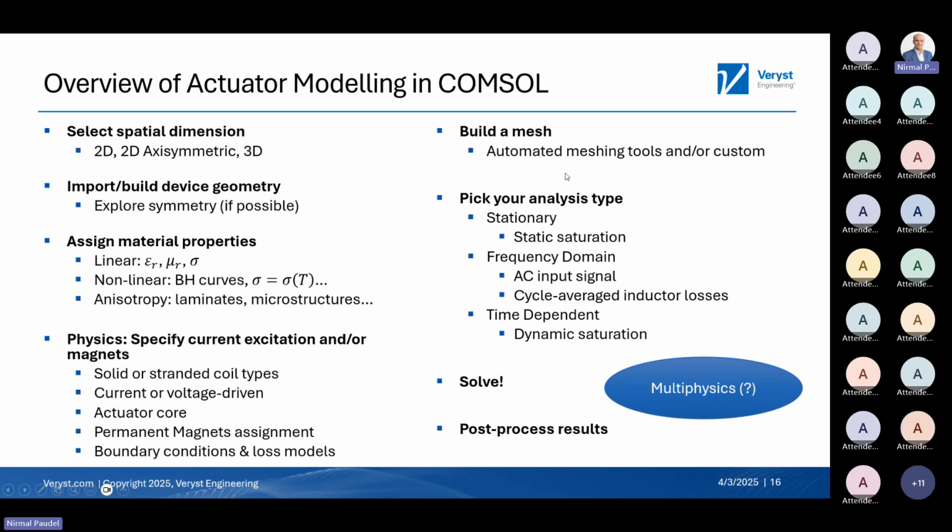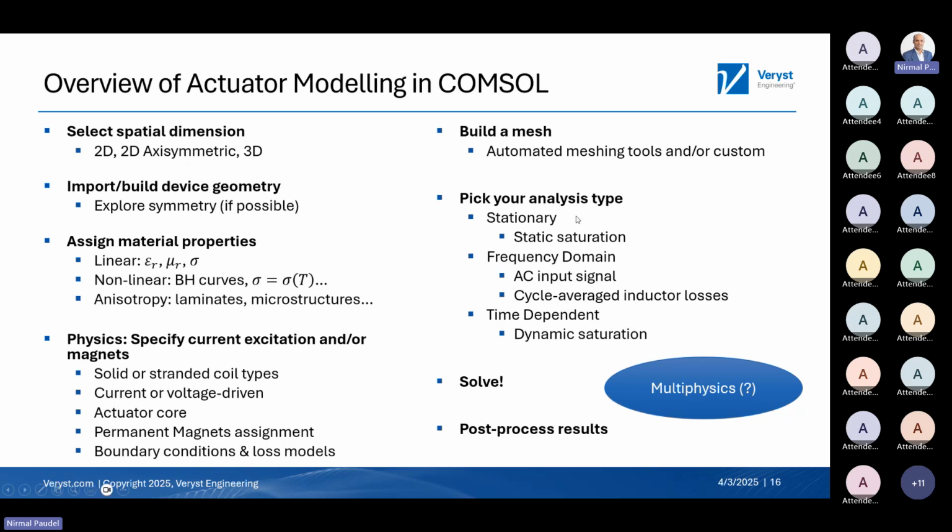The next step is building a mesh. There is an automated mesh builder in the software, but for advanced or real-world modeling, you always have to have some customization of the meshing to accurately capture the field, for example eddy currents or other mesh-sensitive quantities.